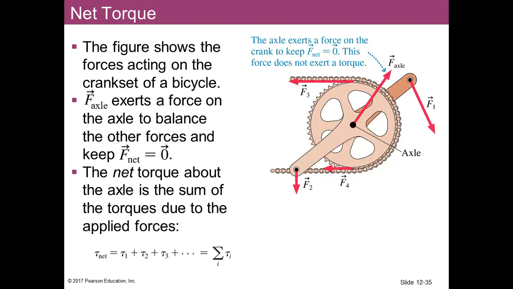Net torque. The figure shows the forces acting on the crankset of a bicycle. F exerts a force on the axle to balance the other forces and keep F net equal to 0. The net torque about the axle is the sum of the torques due to the applied forces. So you can see mathematically it is denoted by this.